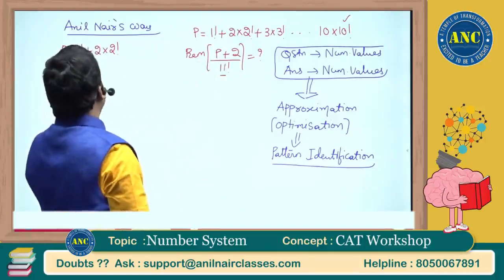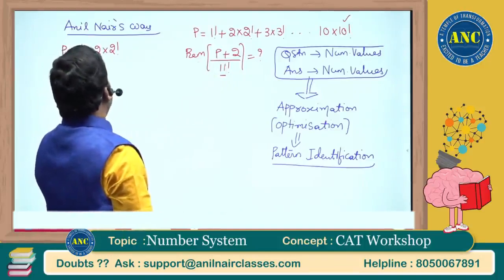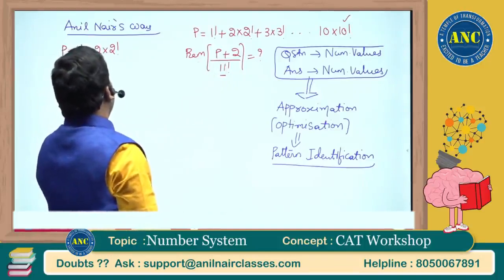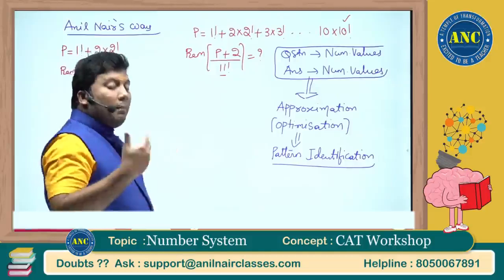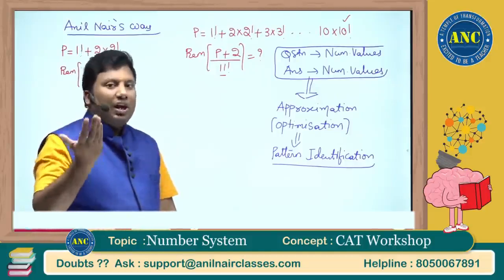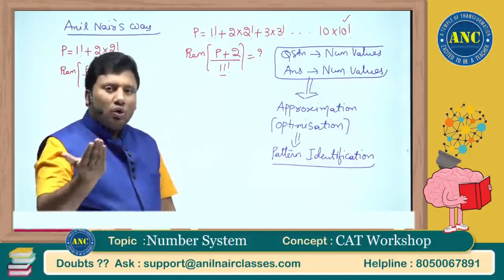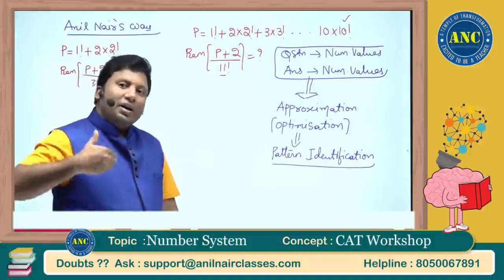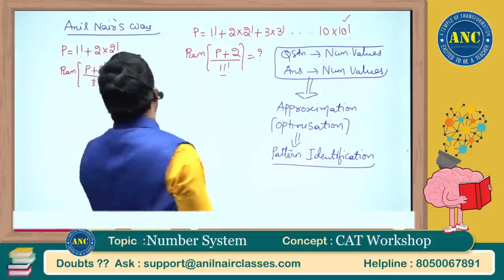If it is ending at 2 factorial, the denominator will be 3 factorial. I hope you are understanding the pattern, because the equation has been transformed to n into n factorial. If n is 2, the behavior will be the same. If n is 10, the behavior will be the same.